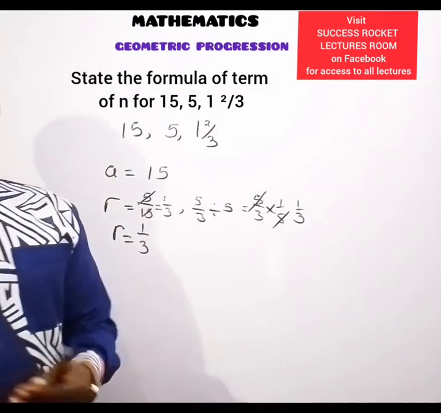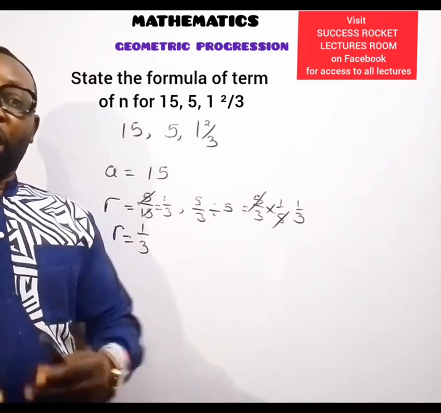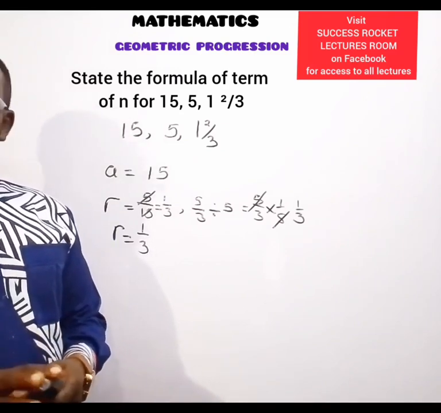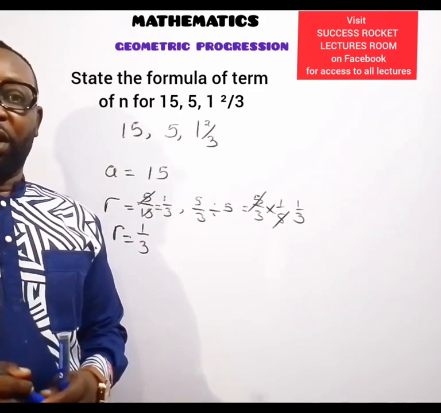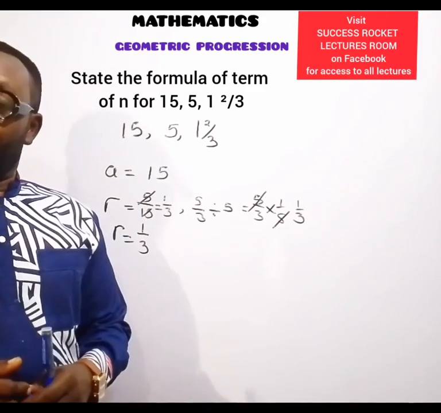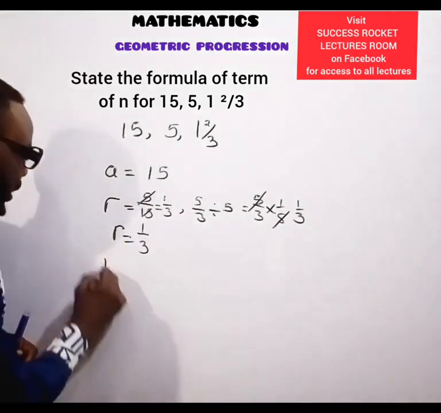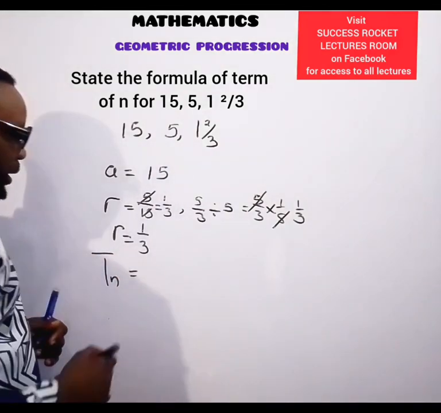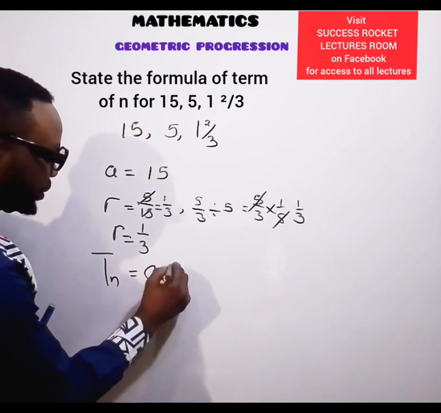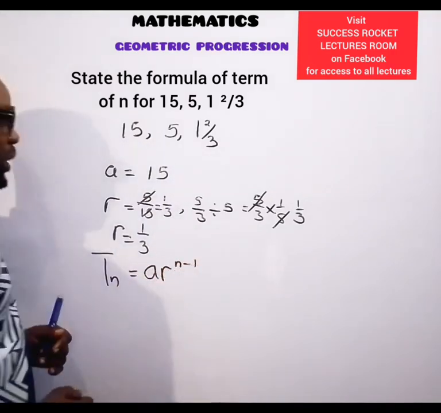Now, we are not going to find a formula, but you have to have it at the back of your mind. The formula for the nth term of geometric progression is given to be AR raised to the power of n minus 1.